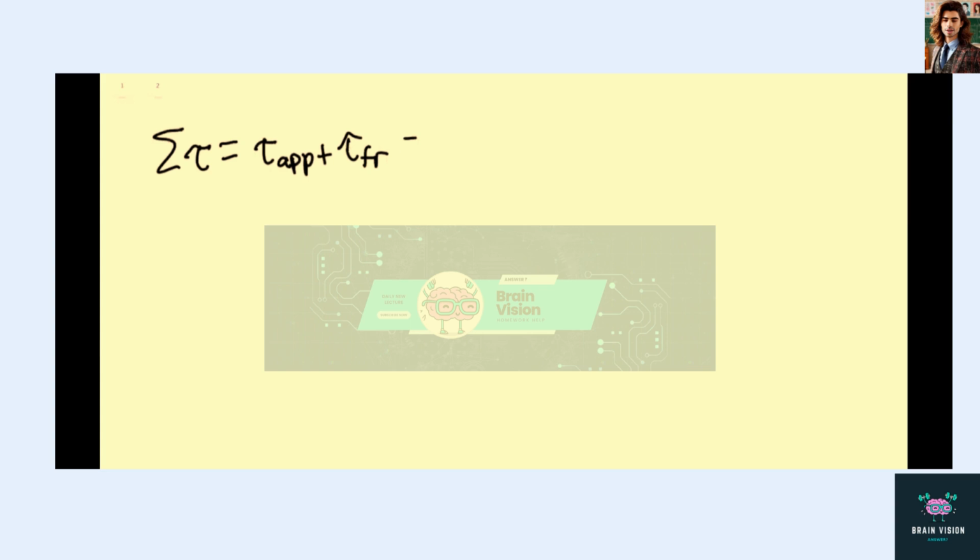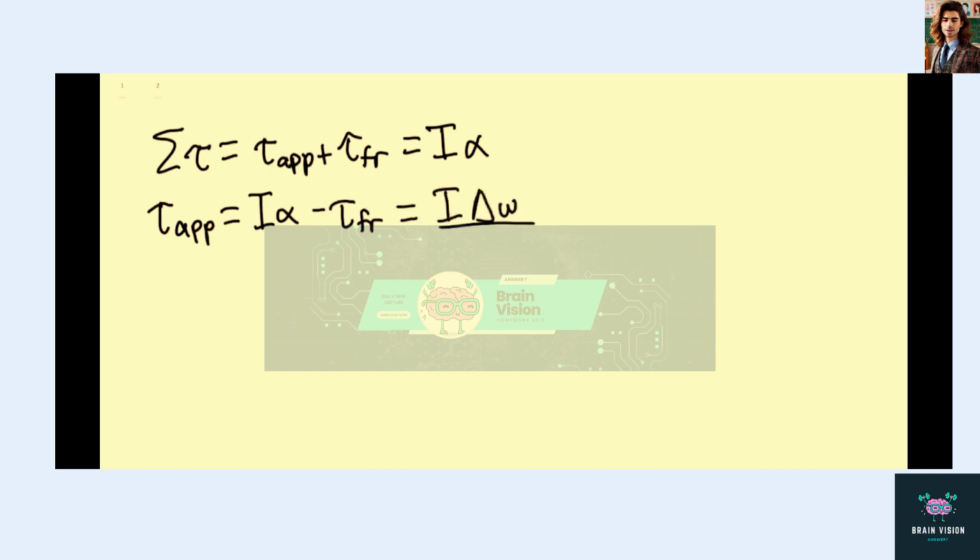And this would be equal to I, the moment of inertia, times the angular acceleration. Therefore, the applied torque would be equal to the moment of inertia times the angular acceleration minus the frictional torque. This would be equal to, again, I times delta omega over delta t minus the frictional torque.